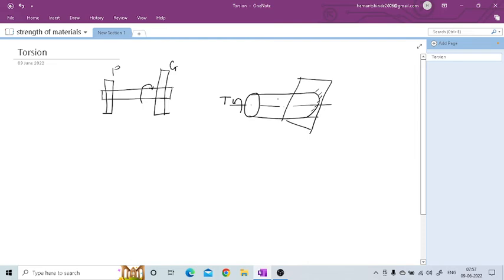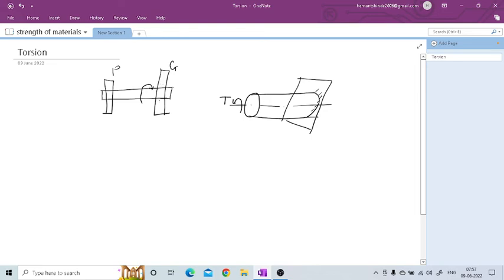During the twisting, this shaft will be subjected to shear stress. Shear forces will act on the small particles to oppose this torque. This condition occurs in the initial stage, because while transmitting the motion there will be an opposition force.